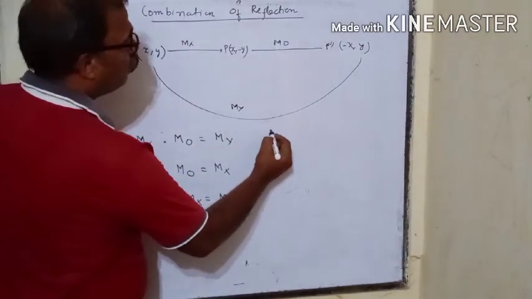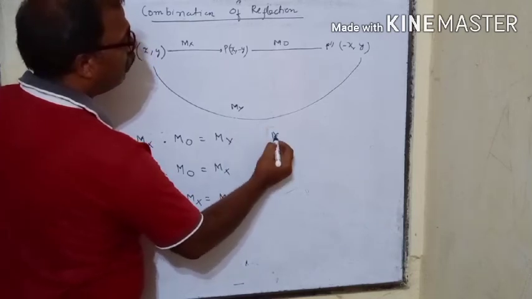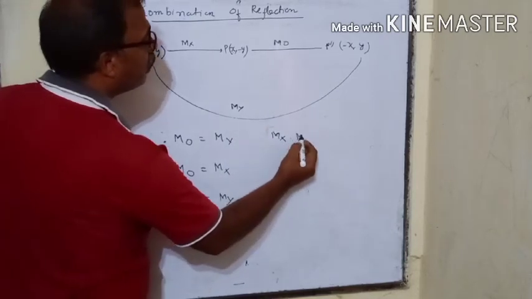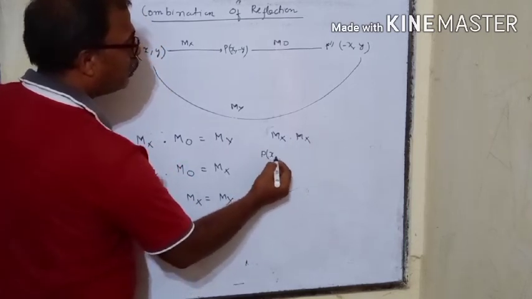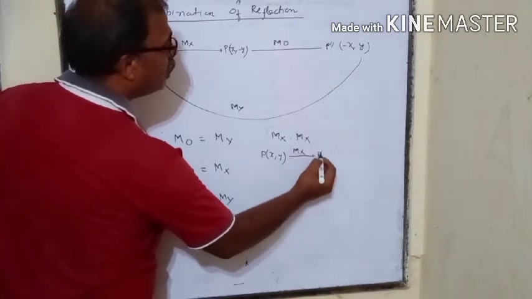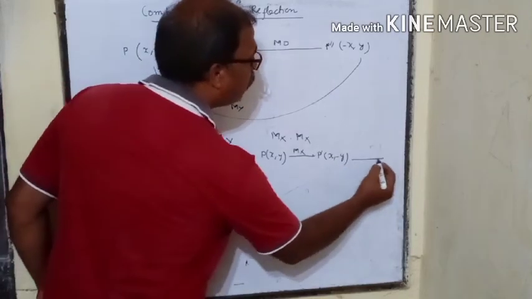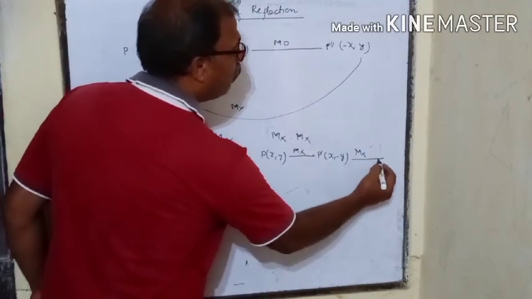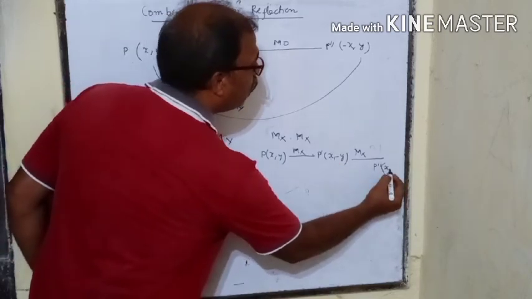Sometimes you have to see the reflection of a point P first in Mx and then again in Mx. It means P is there, its coordinate is (x, y), and it is reflected in x-axis. So its coordinate P dash will be (x, minus y), and later on it is again reflected in x-axis. So it will be P double dash, which is (x, plus y).